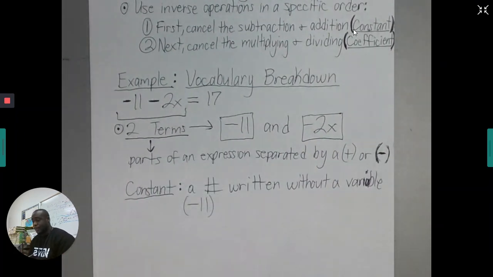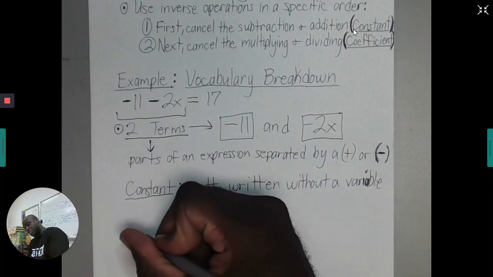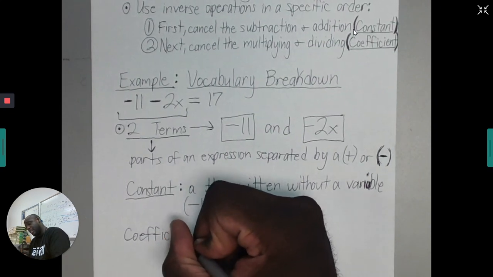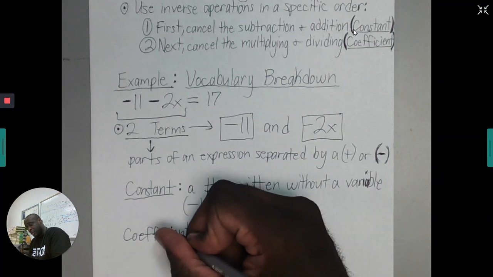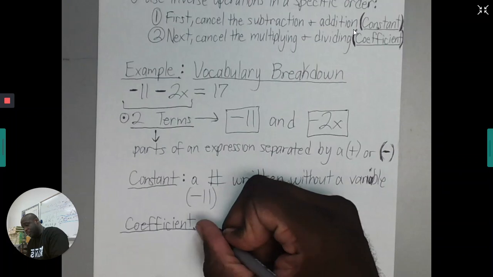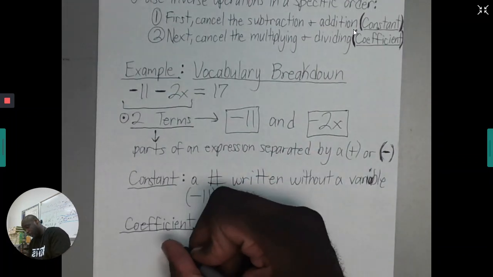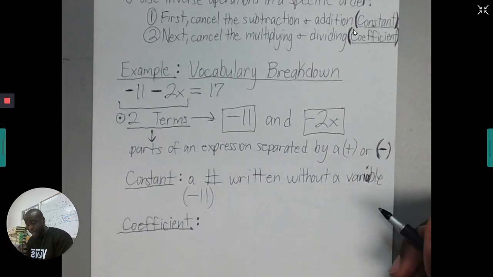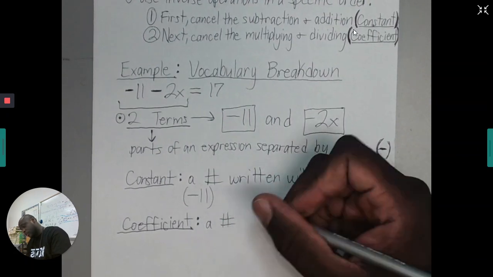Our coefficient here, and I believe most of us should know this vocabulary, but if not, that's alright, it should be a refresher, a reminder of this vocabulary for you. Our coefficient here is negative 2. Remember that a coefficient is a number that is written right beside a variable.